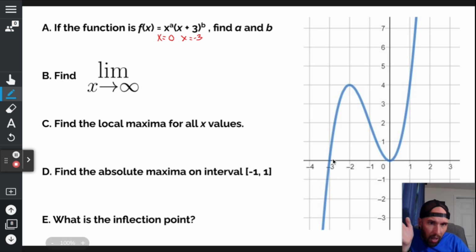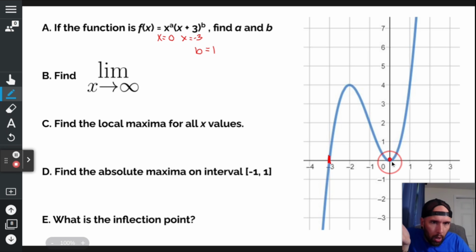My line goes through negative 3, which means this has a multiplicity of 1, which means my exponent is 1, which means b is 1. However, we skip right off of 0 there.